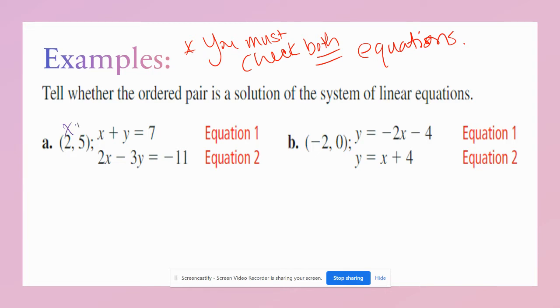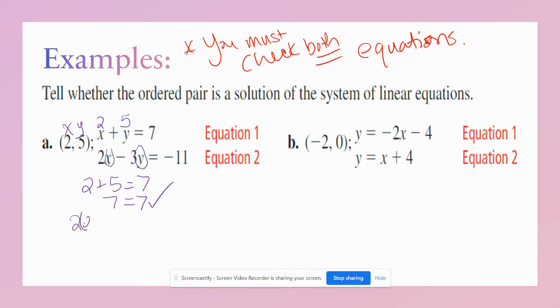So remember, in this ordered pair, 2 is x and 5 is y. So I'm plugging in 2 for x and 5 for y in that first equation. That gives us 2 plus 5. 2 plus 5 is 7. And yes, 7 equals 7. So that's good. We also need to test them in the second equation.